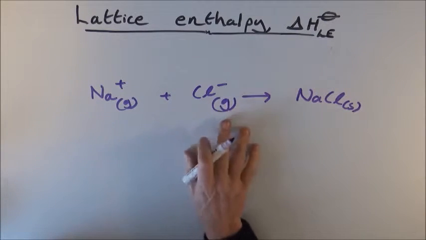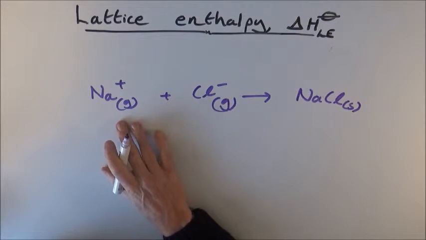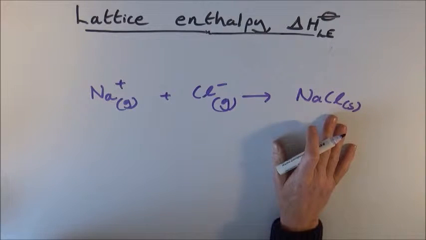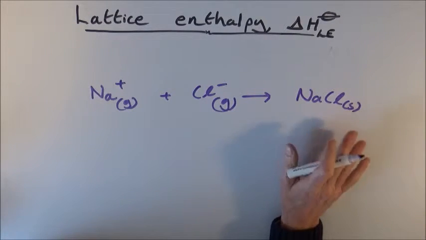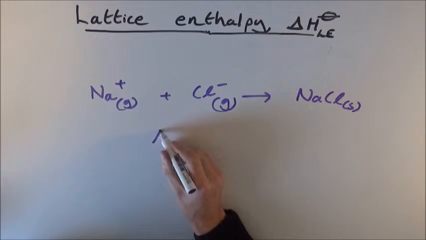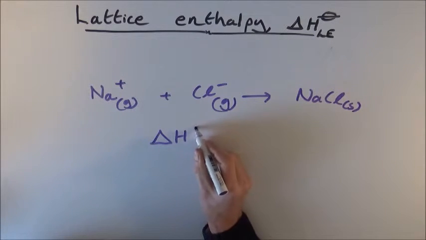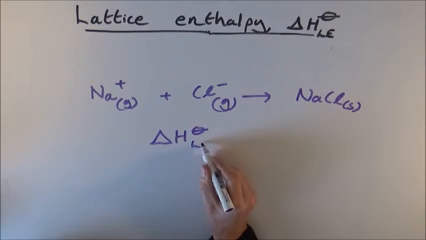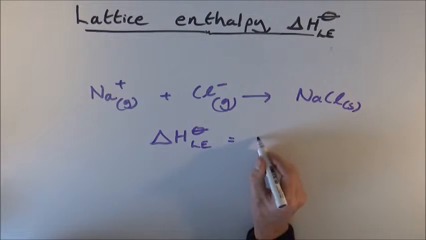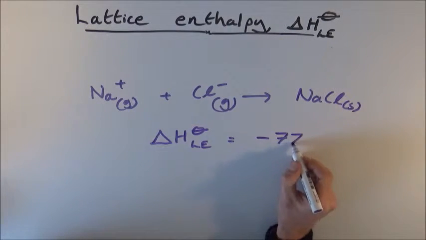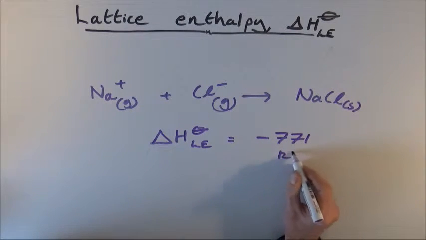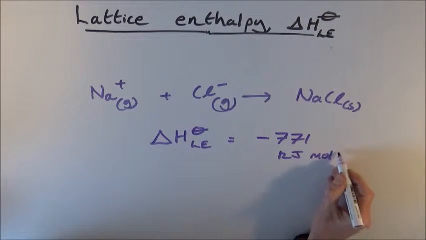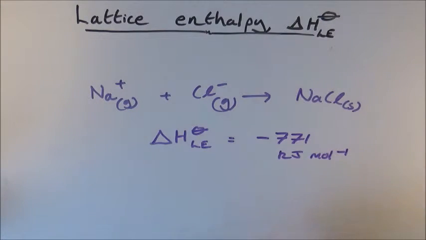When I say a ion, I mean a mole of sodium ions and a mole of chloride ions, to give a mole of sodium chloride in the solid state under standard conditions. And it's an enthalpy change, and I put a little LE there, and it's minus 771 kilojoules per mole.